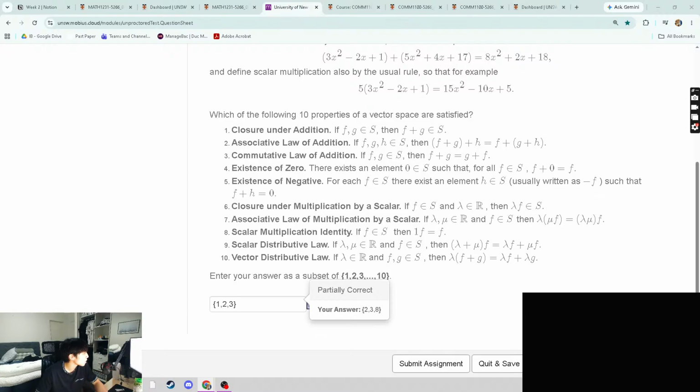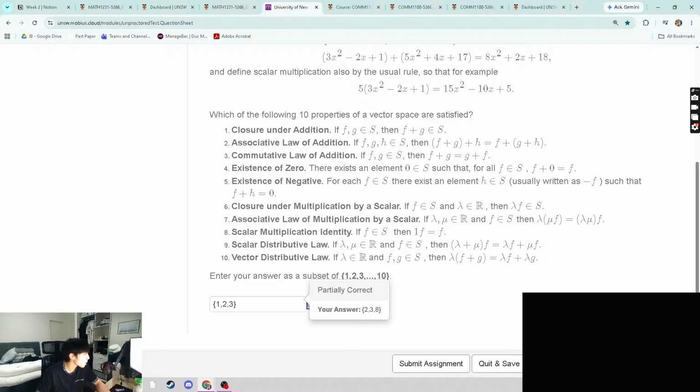So even though scalar closure fails, mu times f still works. So like I could still pull the mu out and the lambda out, and I could still say, hey, lambda times mu times f is still the same as lambda mu times f.